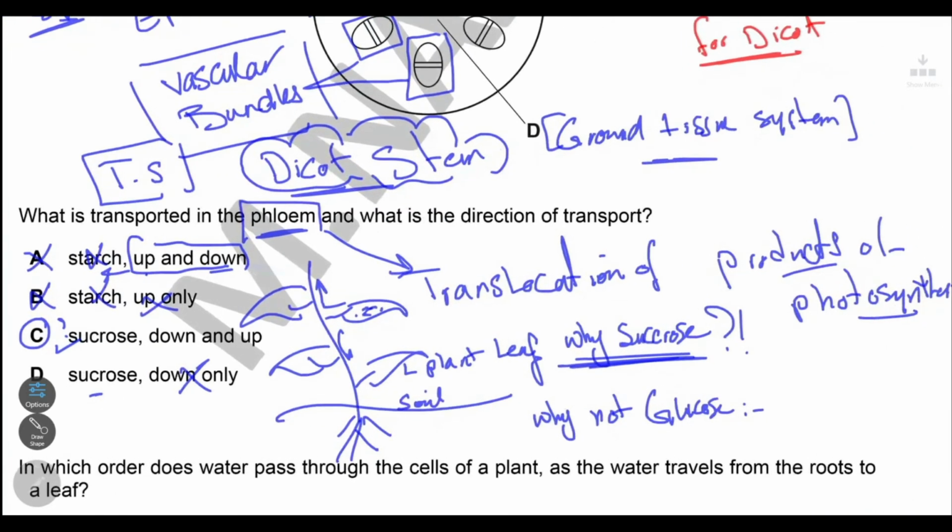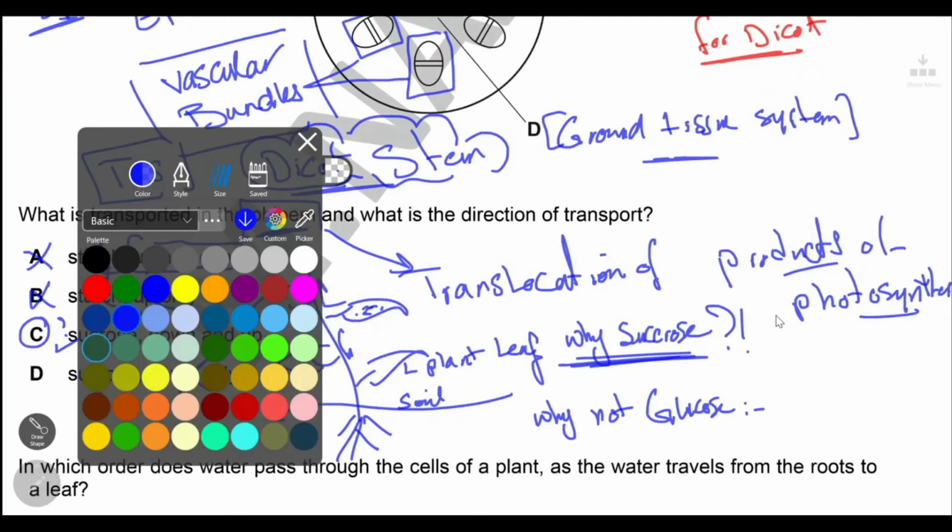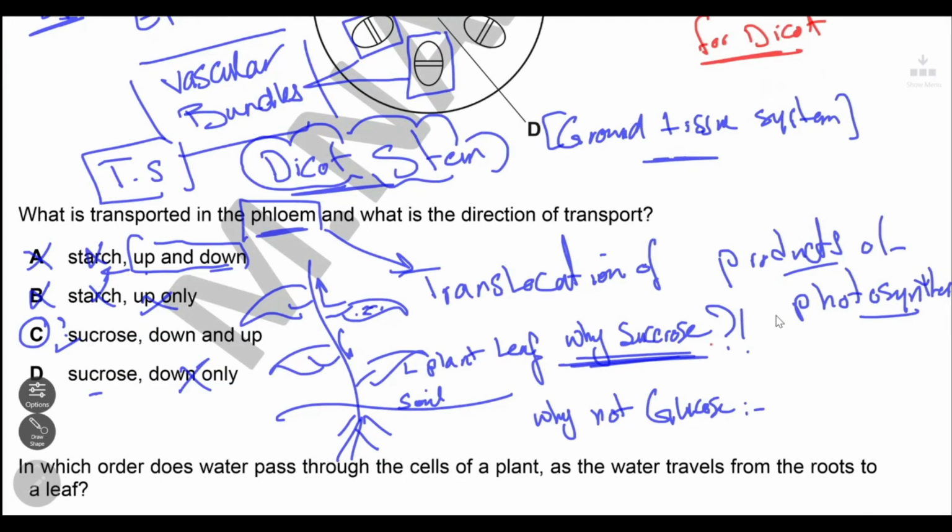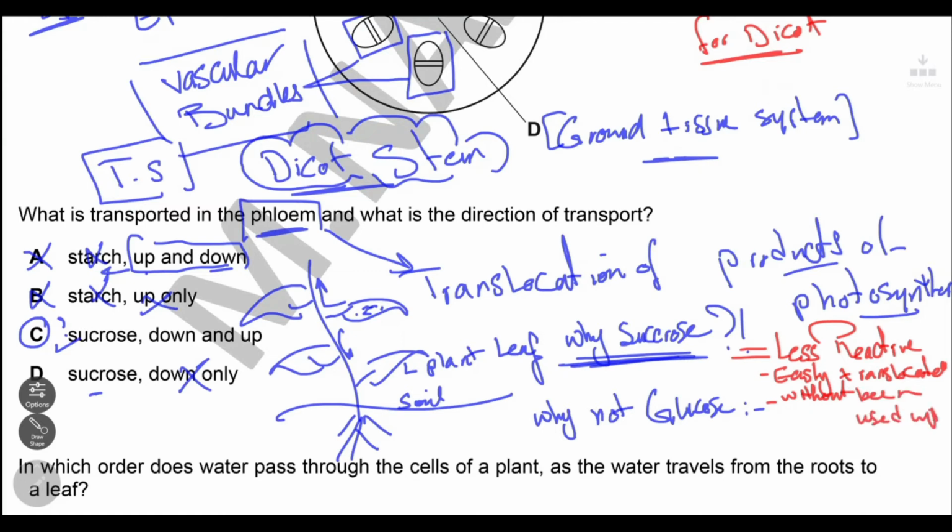Sucrose, I changed the color to make it more obvious, is less reactive, so easily translocated without being used up by the cells.